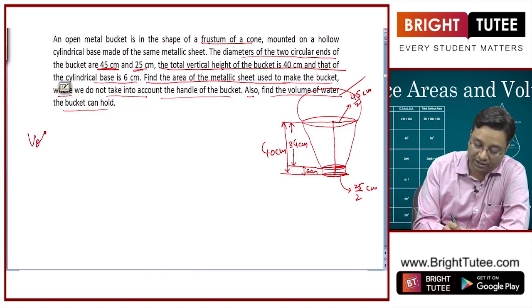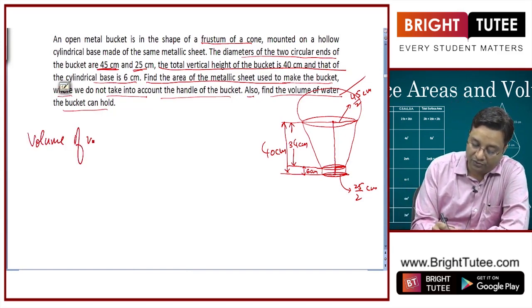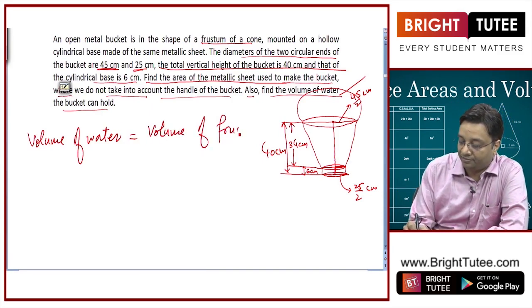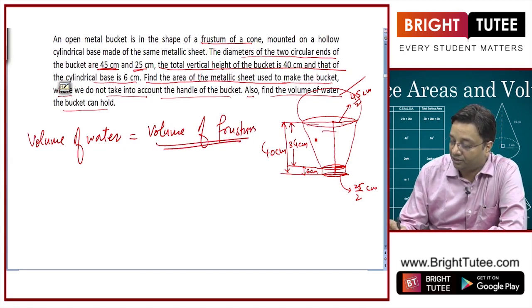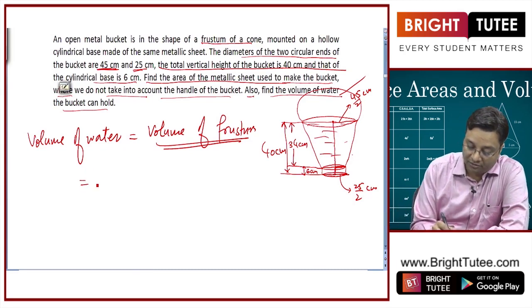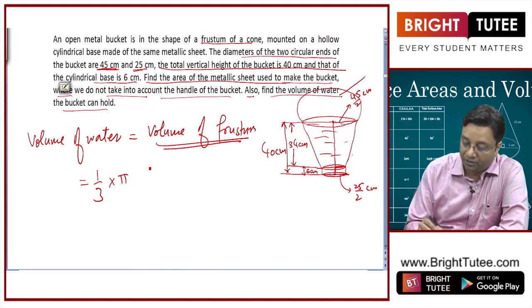So volume of water is simple. Volume of water is just the volume of frustum, right? Because the water will be held in this part only, the frustum part. So it is equal to volume of the frustum of this cone, which is equal to 1 by 3 pi (R1 square plus R2 square plus R1 R2).